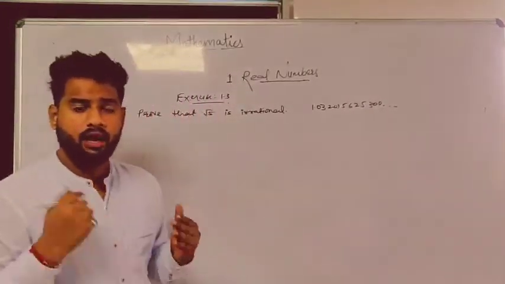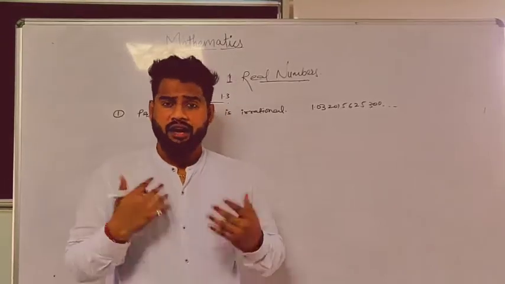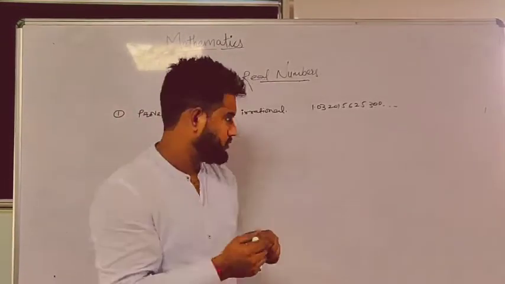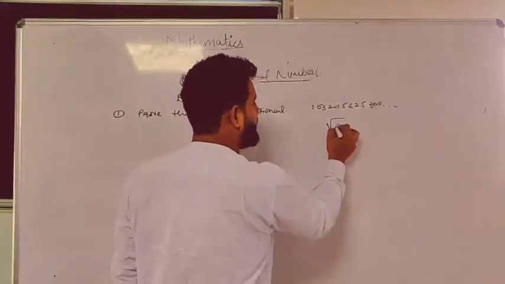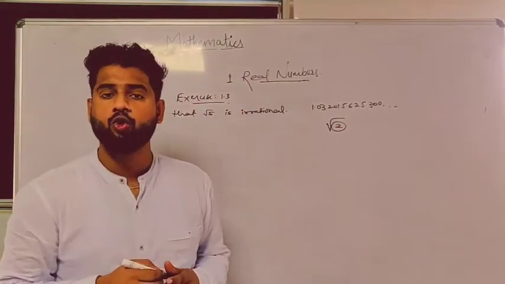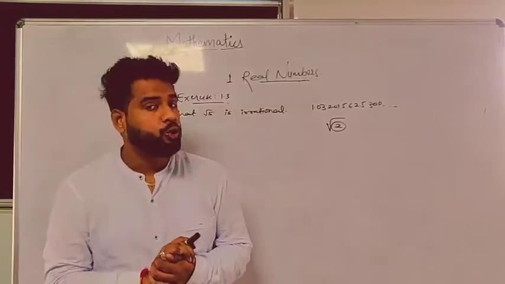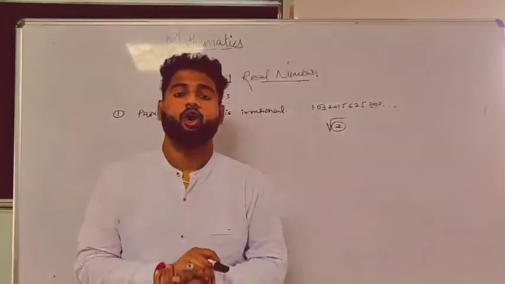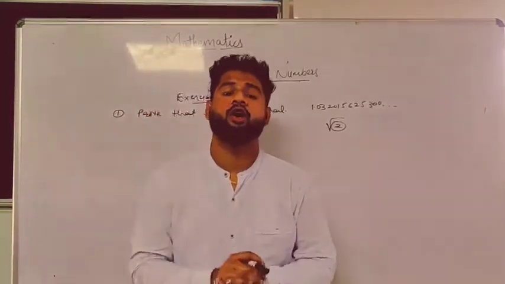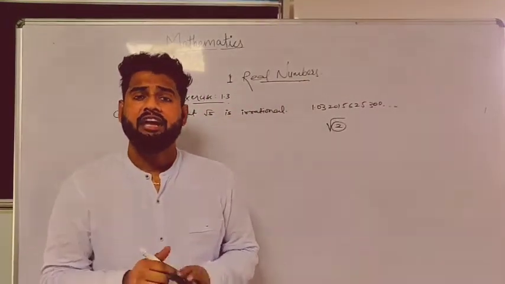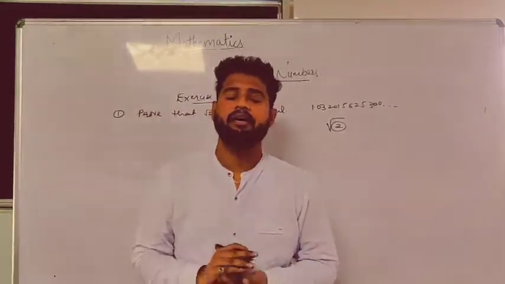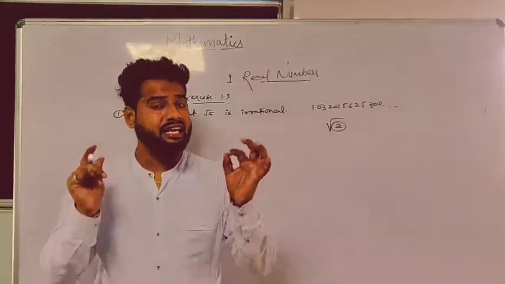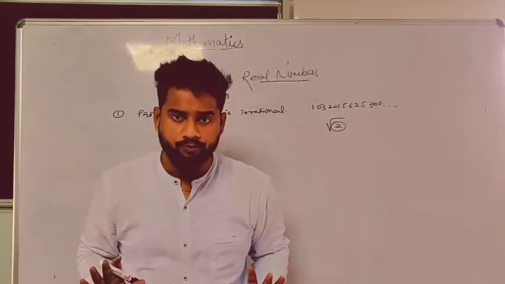But again, for that you have to remember that if any square root is there, and within the square root any prime number is there, like root 2, root 3, root 5, root 7, root 11, root 13, root 17 and so on, that is going to be an irrational number for sure.